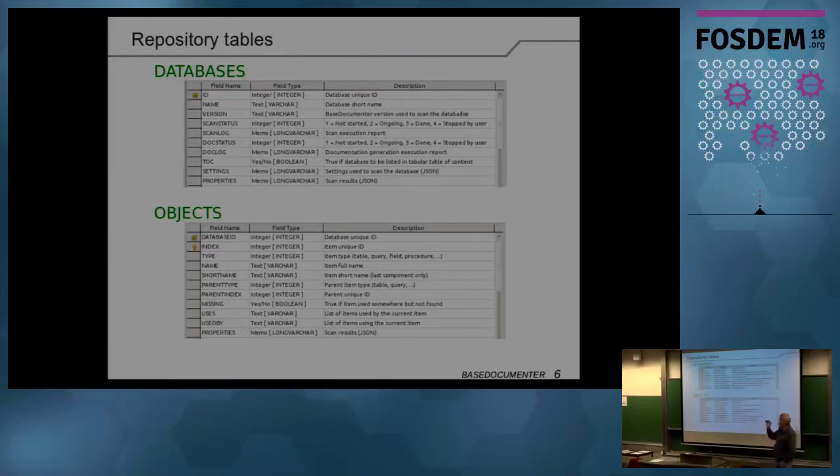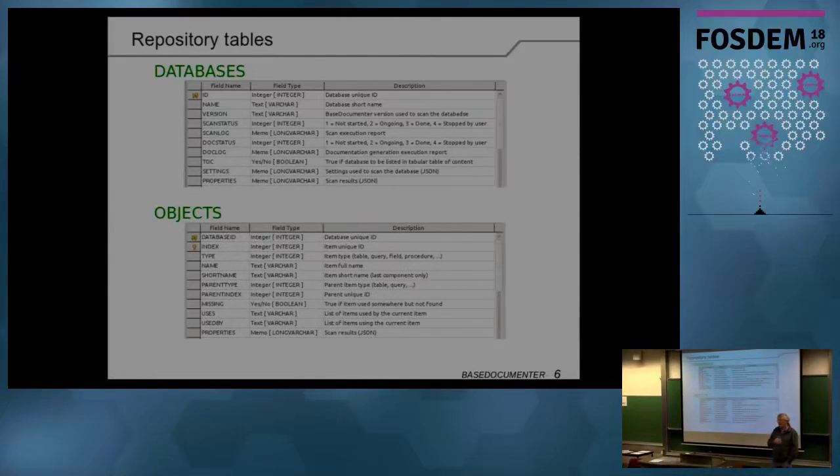So you have a number of fields that are just long varchar fields where you store a JSON string in queries. And you have also the two uses and used by items, which is just a comma-separated list of item indexes.